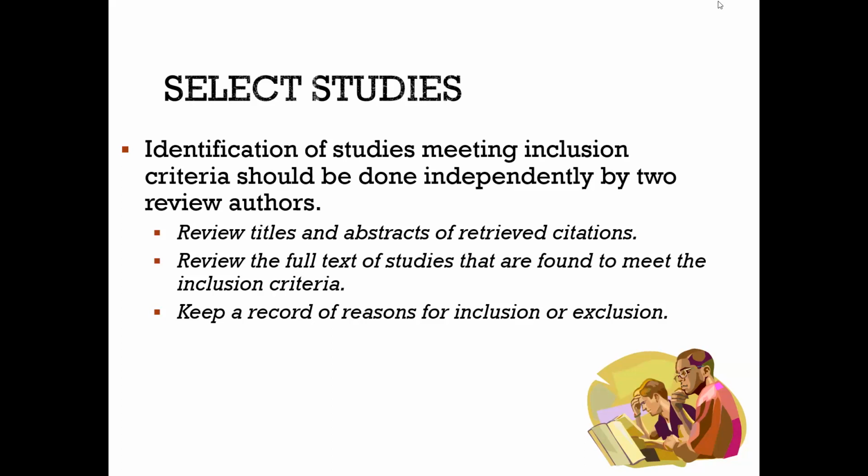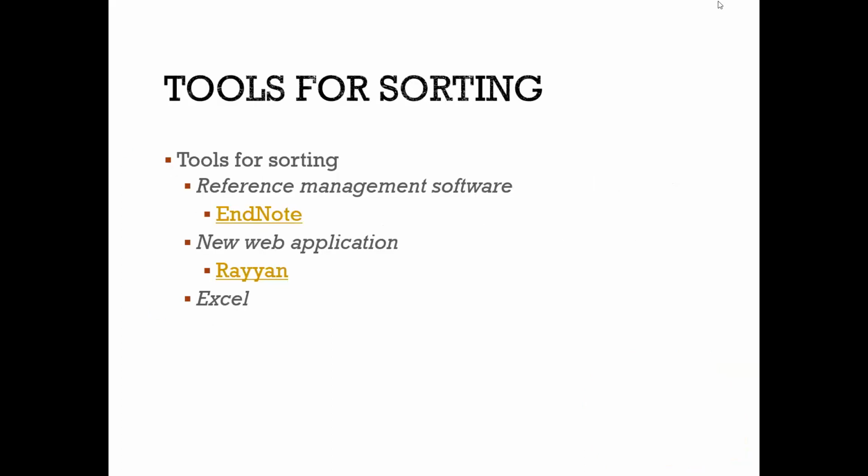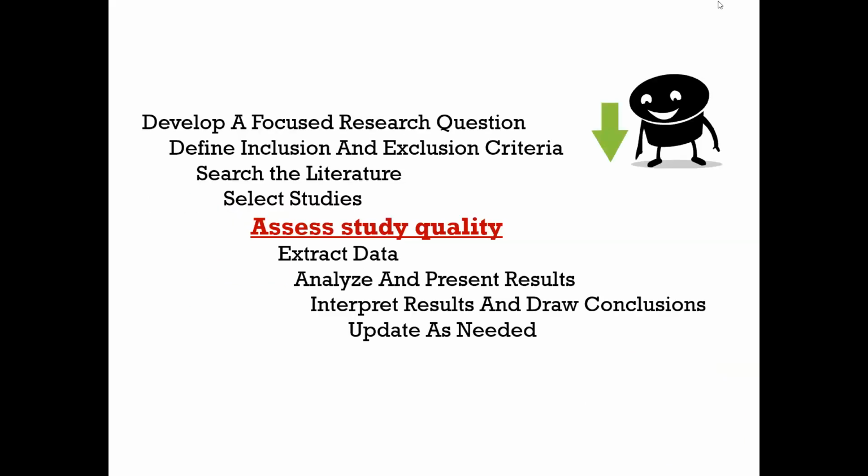Next, keep a record of reasons for inclusion or exclusion: why you included this study, why you excluded that study. Again, the tools for sorting will be EndNote, or you can do it via Excel. Next, assessment. This is very important: assessment of the quality of the study.